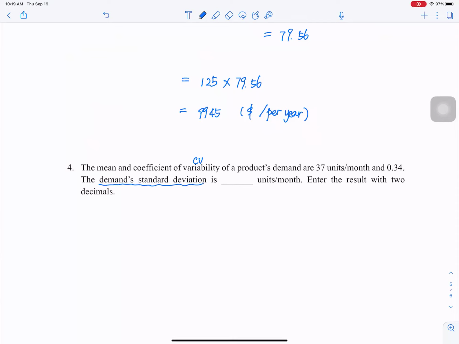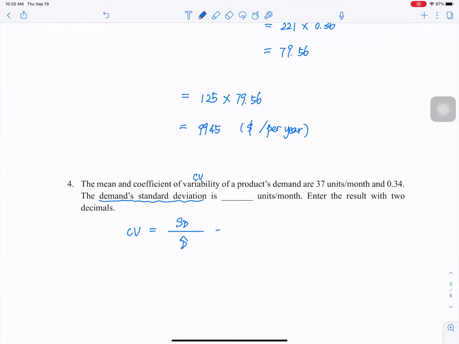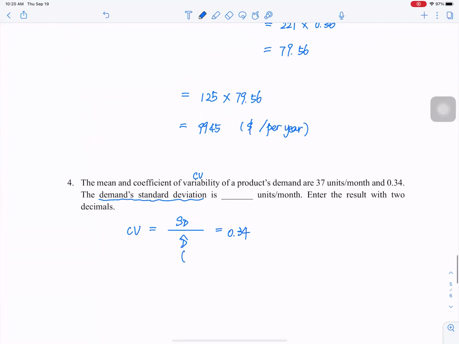So we recall the formula for coefficient of variability, which is CV equals demand standard deviation divided by demand mean, right? And we have already been given that CV equals 0.34, and the mean of the product demand, D hat, equals 37 units per month.